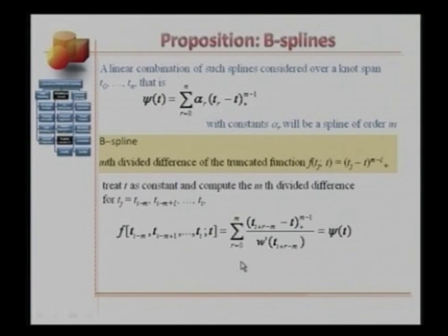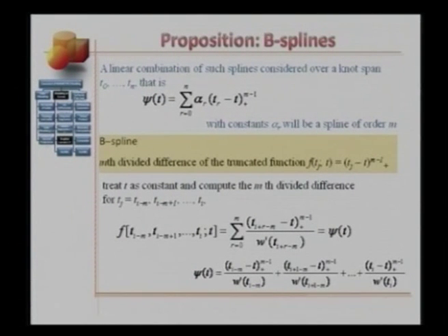So in a sense, this expression is a weighted linear combination of all splines of order m, and therefore this expression overall is a spline of order m, because each term is a spline of order m here.